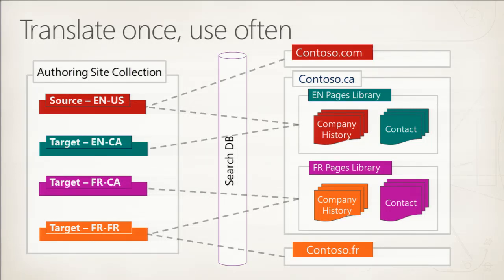Oftentimes, a lot of sites will have a bar at the top that says, if I ended up on Hungarian and I don't actually speak Hungarian, how do I get to the French site? In this case, we've added a code sample and some variations OM that you can call and say, for any page, give me that page's peer in the relationships list. So that's something that's available to you.